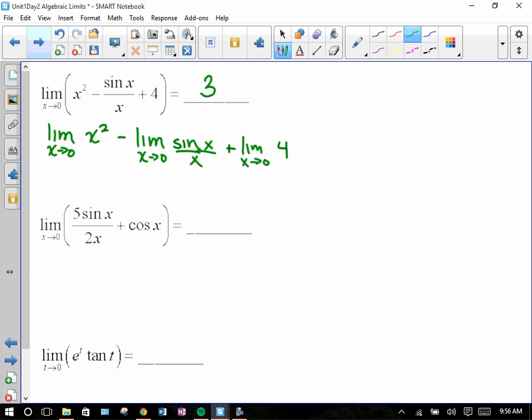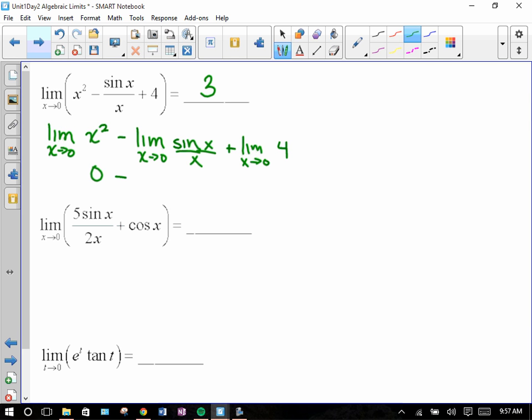Okay, you guys have already told me what this is. What's the limit as x approaches 0 of x squared? 0. And how do we get that? You just plug 0 in, so you get 0. So 0 minus, Michelle, what's the limit of sin x over x as x approaches 0? 1. We know that. Why?